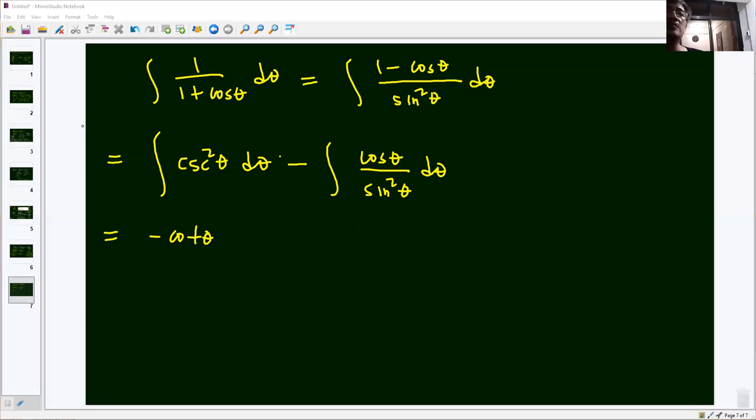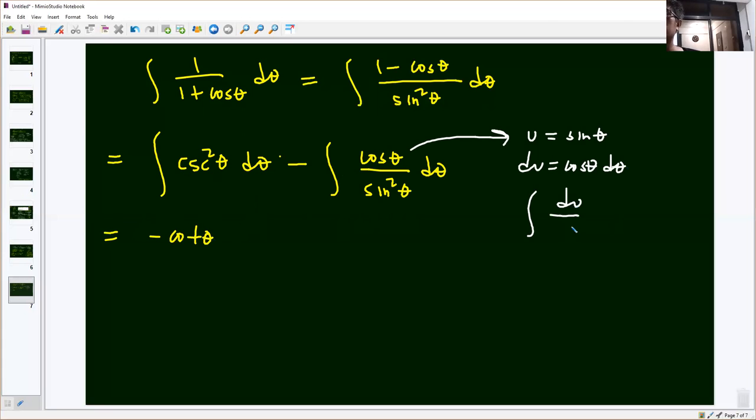And by now, this should not be a problem anymore to you. If I let u assign sine, then du is cosine. So this is simple substitution. The integral will now be du over u squared. So the most basic of all techniques, du, which is negative 1 over 1, right? Power rule. And ang u natin si sine, and this is the same as u negative 1 is the quantity sine theta to the negative 1 over 1, and that is 1 over sine.